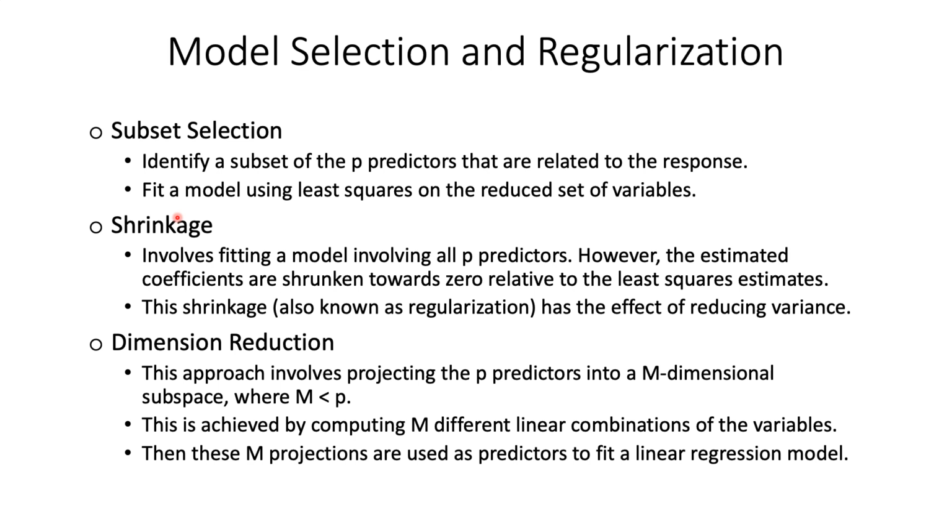There's also shrinkage or regularization, which involves taking all your predictors or descriptors at once and applying some scheme to shrink the coefficients of some of the descriptors towards 0. And there are also dimensionality reduction tools, which take all your predictors, map them onto an m-dimensional space where m is less than p, and then you take this reduced space to train your model. That is, you take your m projections and train your model using those reduced dimensional descriptor space of size m. And again, m is less than p.